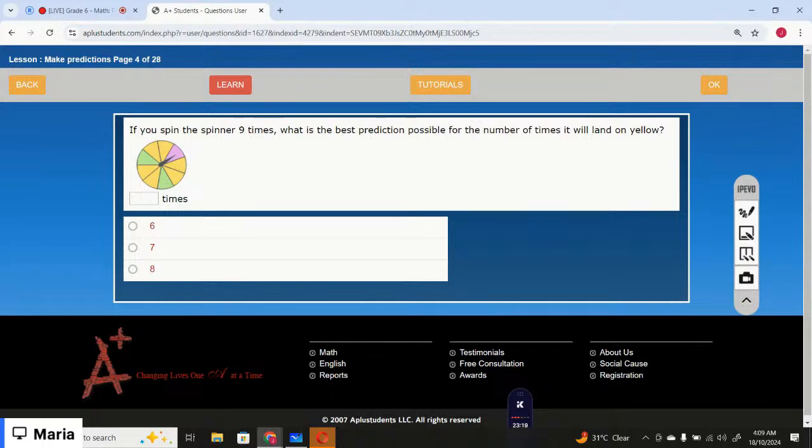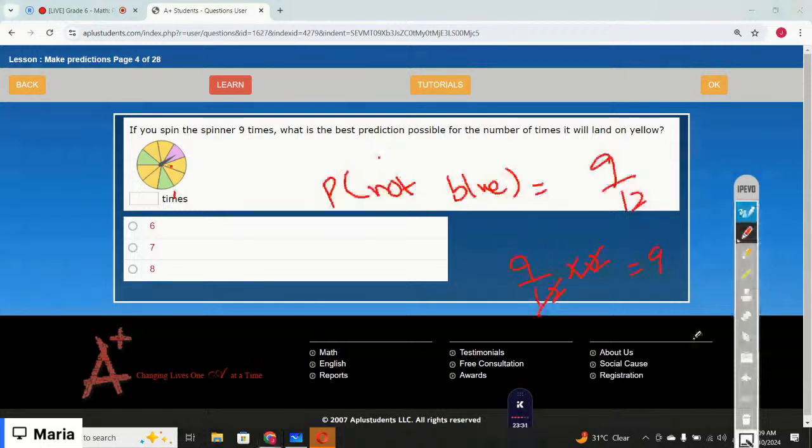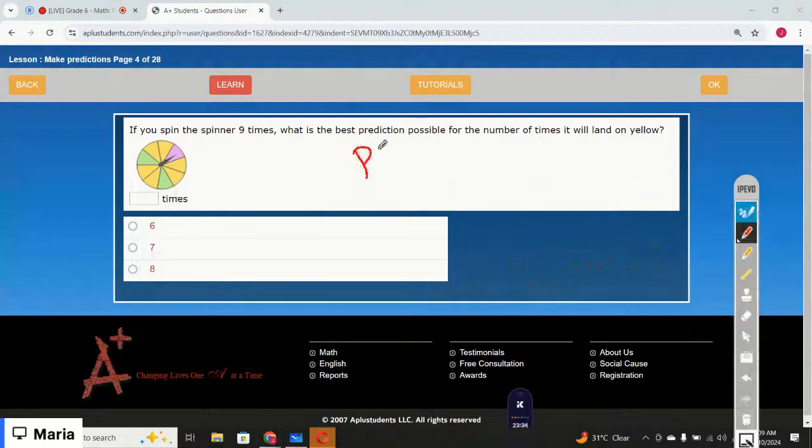You have 6 portions out of 9 that are yellow. You spin the spinner 9 times, so multiply it.